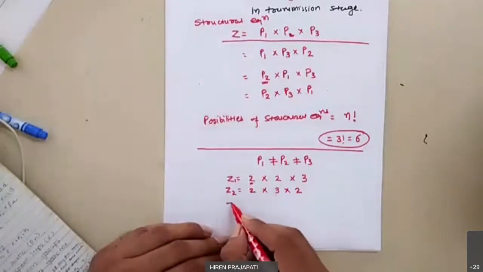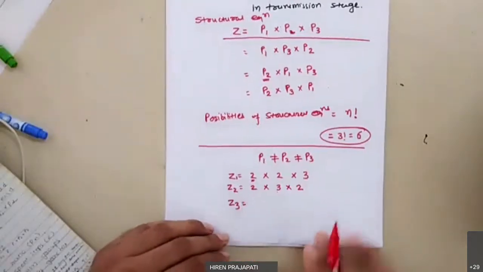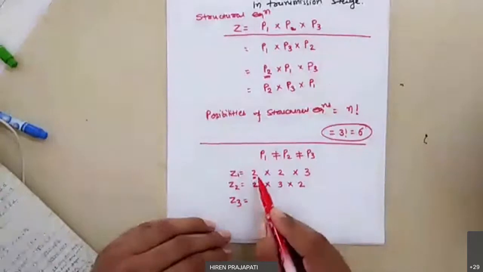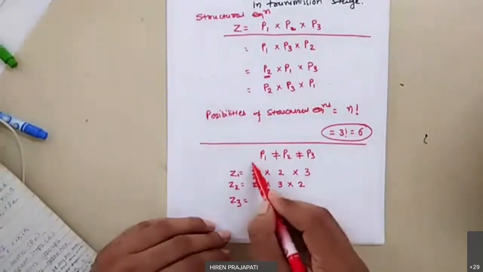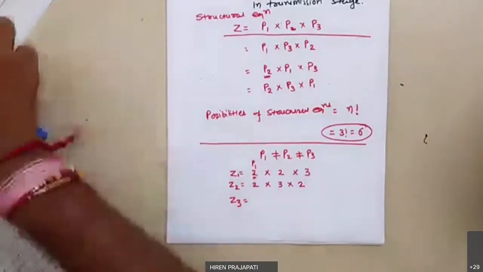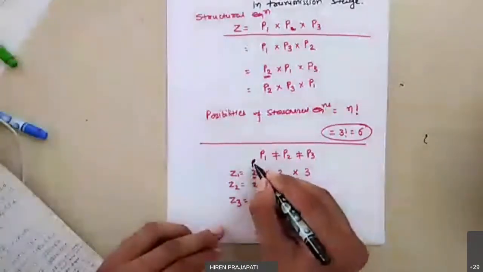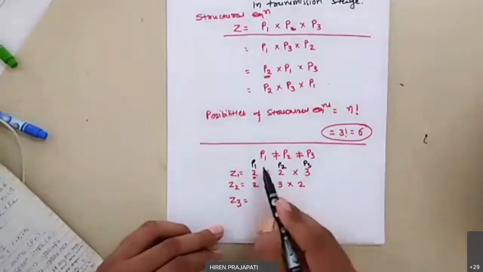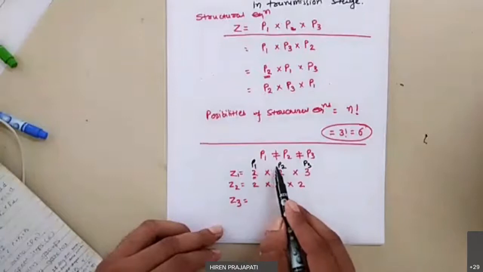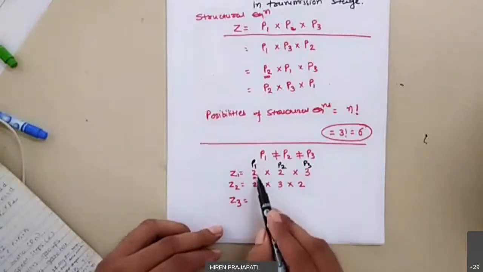Similarly now, if you see Z3, then if I switch the position of these two, meaning here this is P1, this is P2, and this is P3. So suppose I switch the position of P1 and P2, do we get any change?